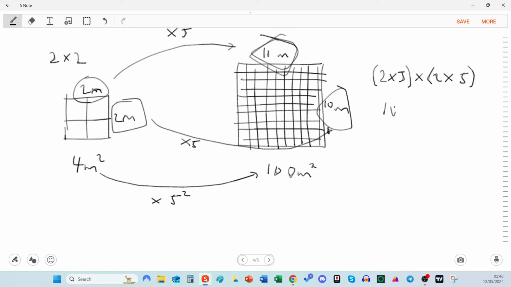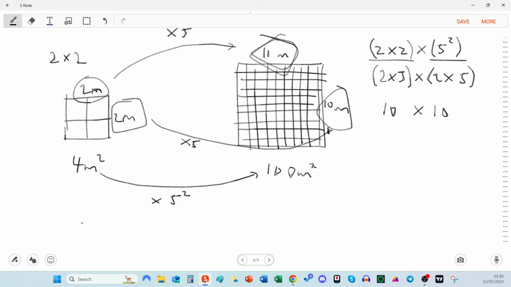And that would give you your 10 times 10. But if we write this in such a way that we see it as 2 times 2, which is the original area, and then the two 5s, then you can see that it is the original area multiplied by the scale factor for one dimension squared.